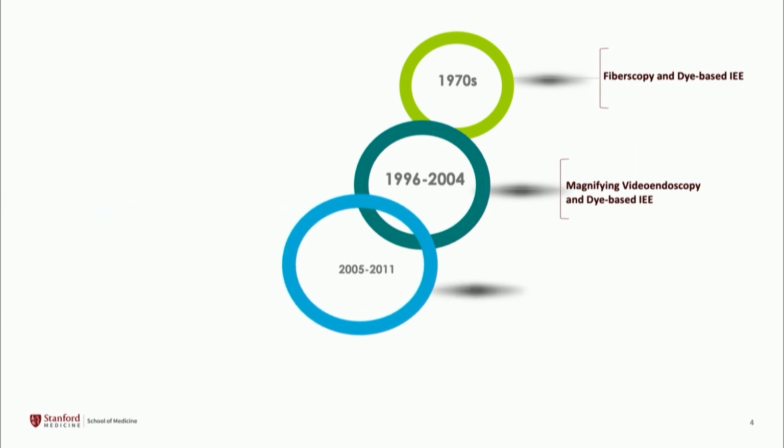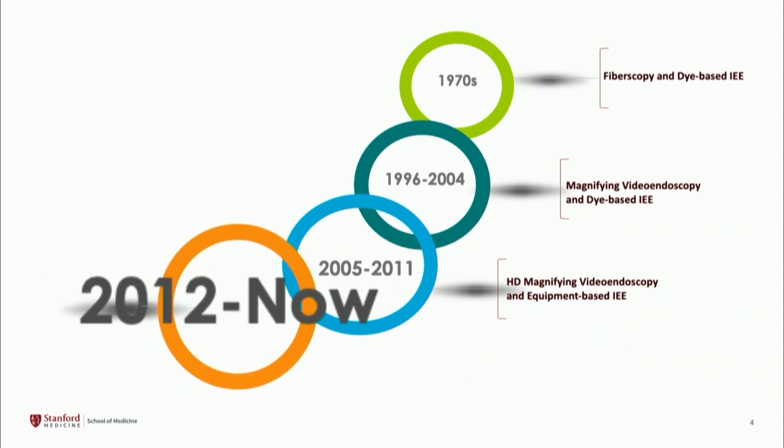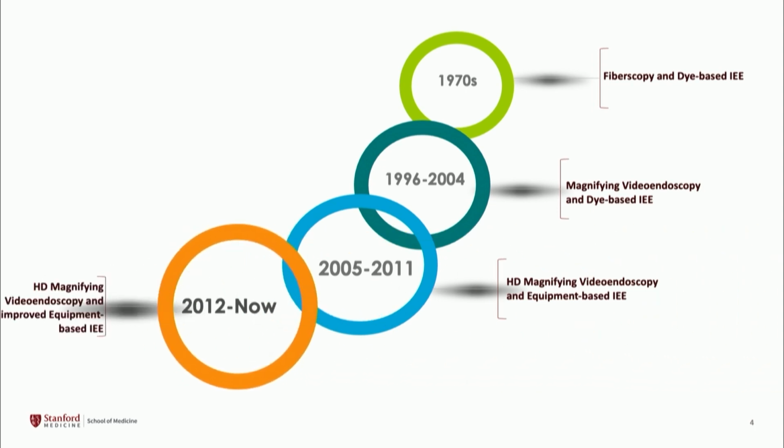And in the early 2000s to 2011, there was introduction of equipment-based image enhancement like the NBI, in its earliest form. And along with it, there were high-definition video endoscopes, which we use now. And from 2012 onwards, there has been improvement in the equipment-based image enhancements, as well as we are continuing to evolve and improve the high-definition video endoscopes.